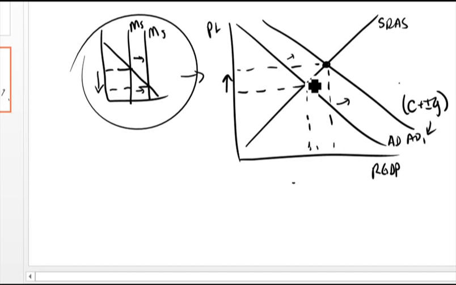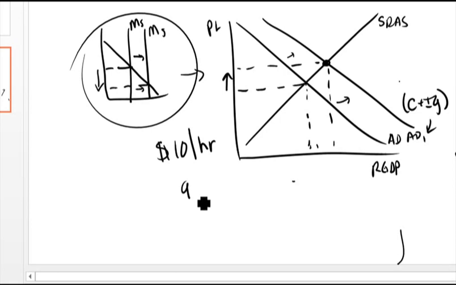You guys should remember that nominal wages are sticky in the short run. They do not change. However, price level has gone up. So let's say I was making $10 an hour. I'm still making $10 an hour because nominal wages are sticky in the short run, but price level is up, let's say 10%. So if prices are up 10%, that means I'm really earning about a dollar less.